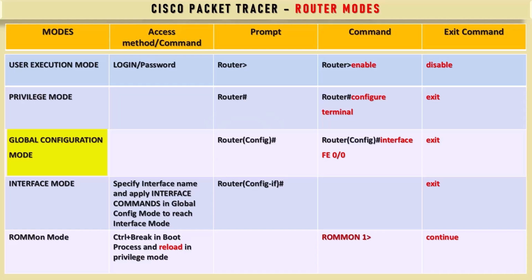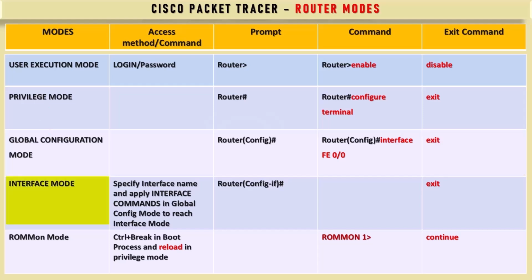Commands like making a local database, creating usernames, passwords, etc. can be done in global configuration mode. In order to get back to privilege mode from global configuration mode, you will execute the command exit at the prompt. Next you have interface mode.